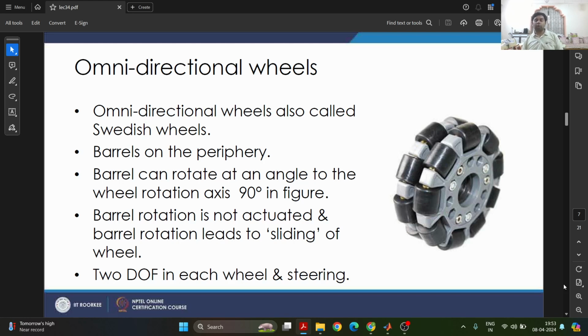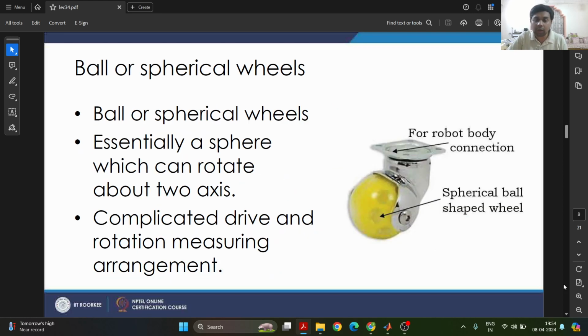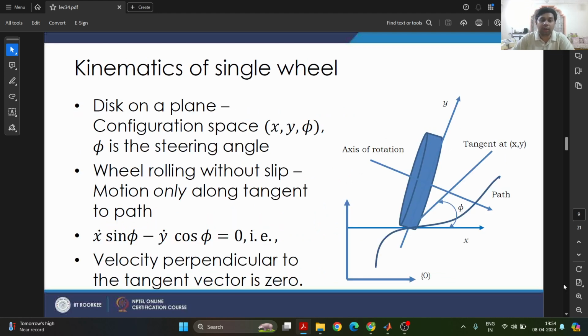So I hope you are able to visualize what I'm saying. It can just slide sideways, 90 degrees to the axis of rotation of the wheel. But where we have a simple wheel which is rolling without slipping along some path, since there is no slipping present, the motion has to be along the tangent to the path.